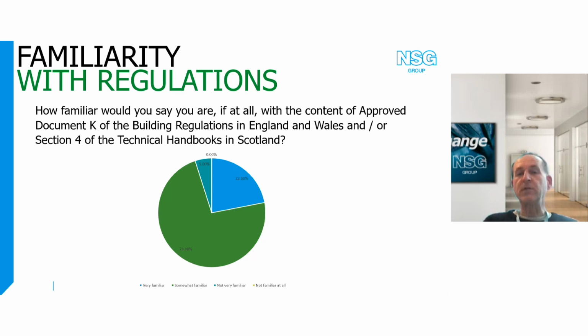So that means a total of 95% have some familiarity with the requirements around safety glass. Or if you flip the stat upside down, there's only 5% of architects who are not familiar with these requirements.